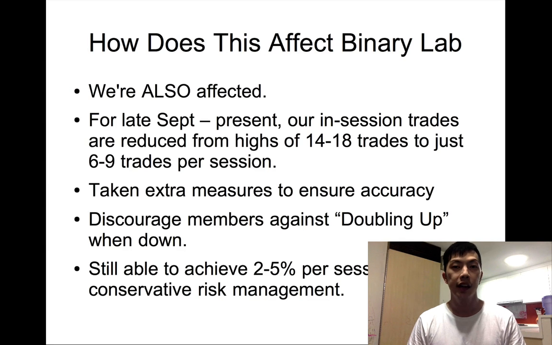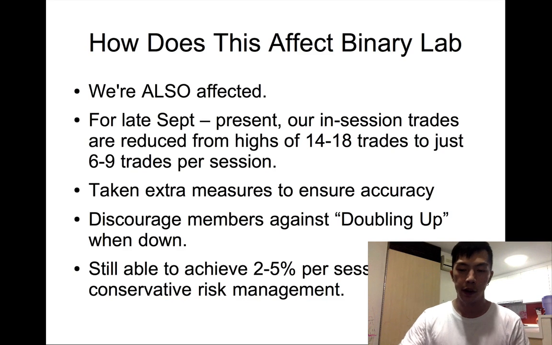Several members have also noticed that by dropping morning gating entirely, and simply going for accuracy and raising the stakes a little bit, let's say instead of 1% per trade, maybe going up to 1.5%, we're still able to get a very nice return. What I mentioned about 2 to 5% returns are the returns that I personally get when I demonstrate on the session. So just by following my risk management exactly, that's what students are actually able to achieve.